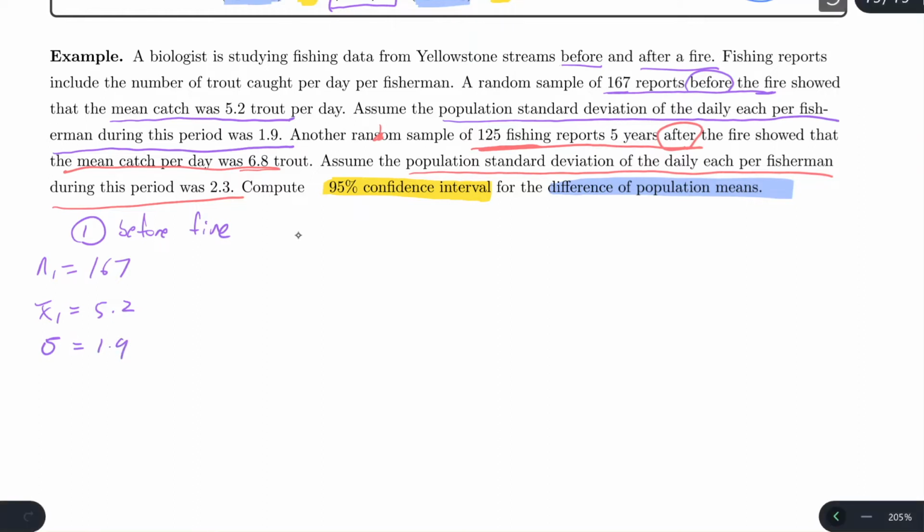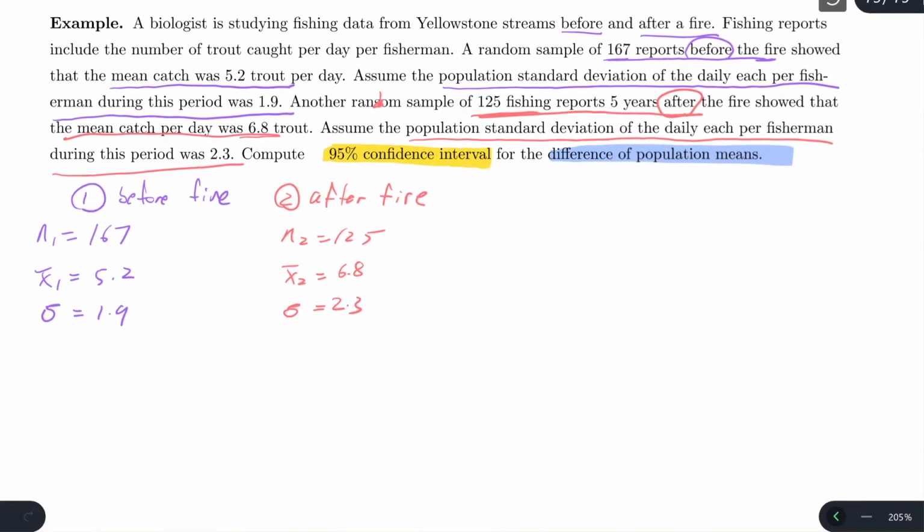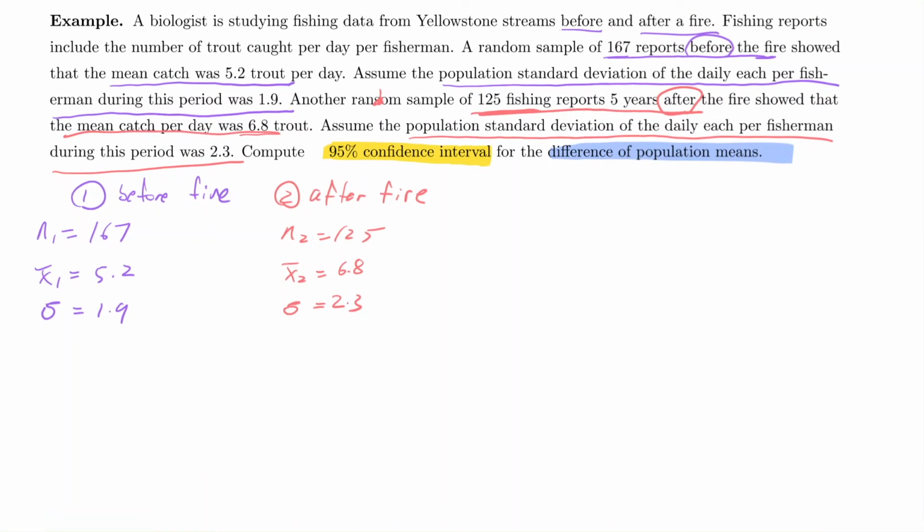And for group two, 5 years after the fire, the sample size was 125. The sample mean was 6.8. The population standard deviation is 2.3. So we've organized the data. Okay. So now that we're organized, let's actually solve this problem.